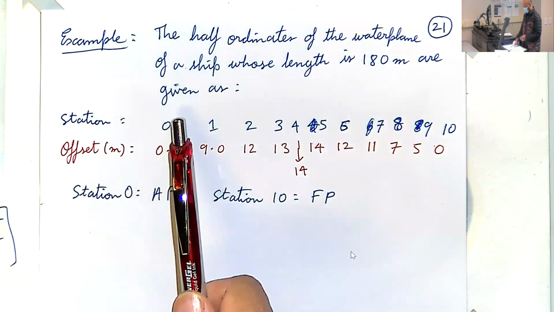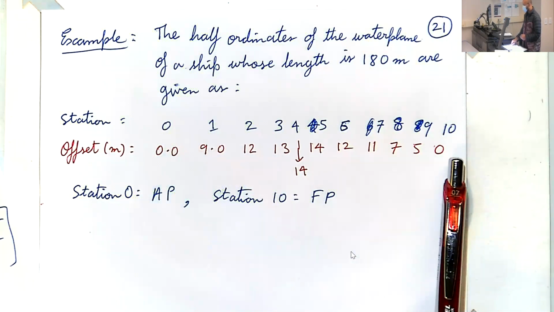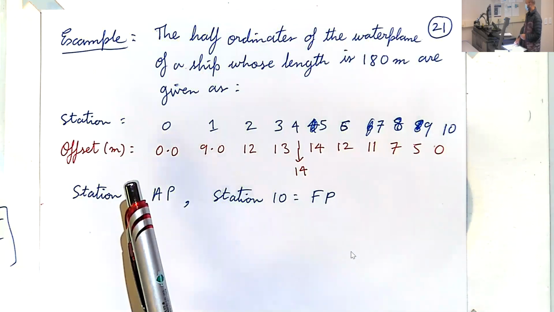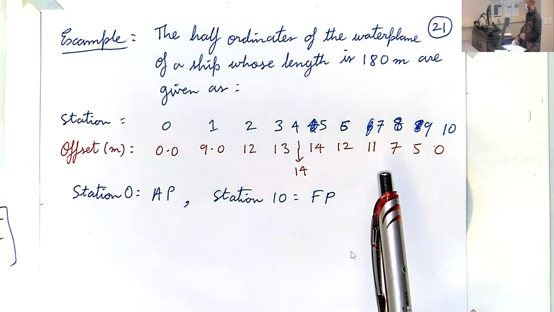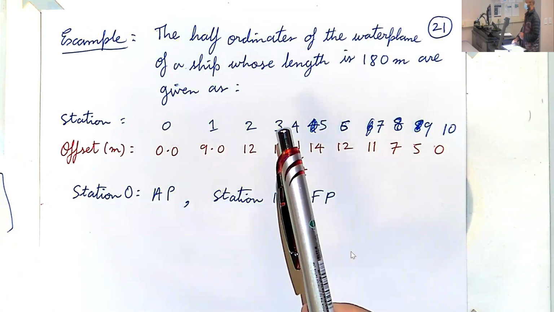So you're saying station 0 would be at the stern, and station 10 would be at the bow, which corresponds to the forward perpendicular. Correct.